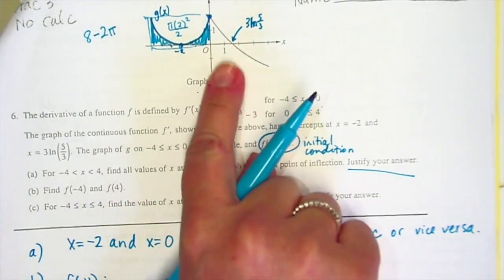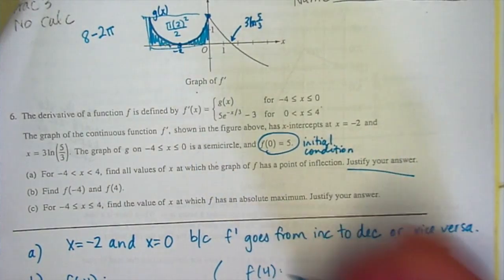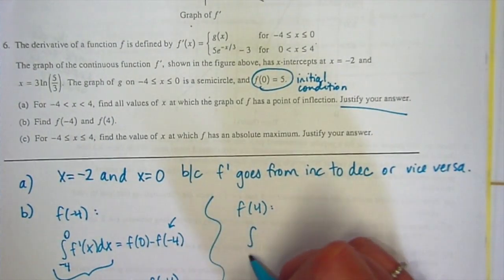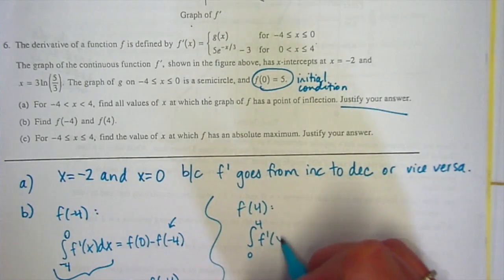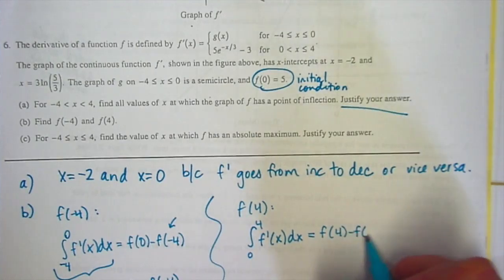For the other half of this, it wants f of 4. And you're going to set it up the same way, but your calculations are different. So f of 4 is going to be the area from 0 to 4 under the same curve. That's equal to this fundamental theorem statement, right? F of 0. Okay.